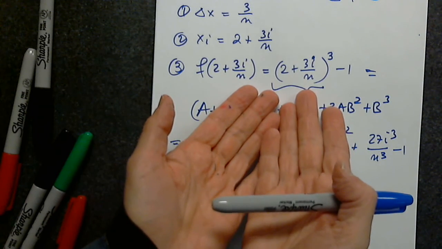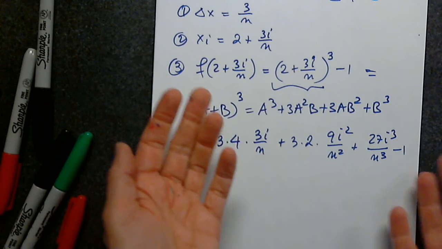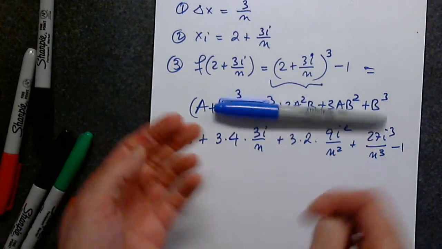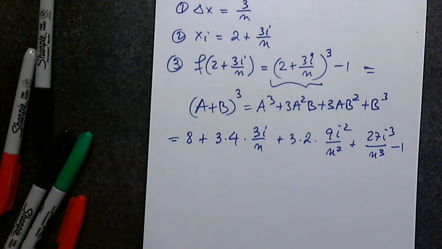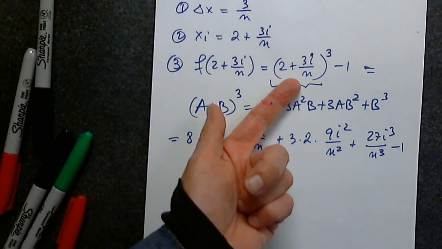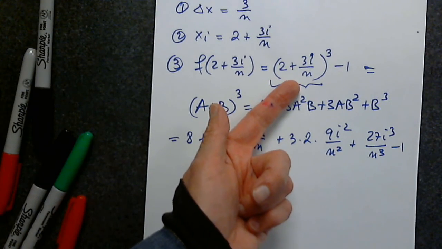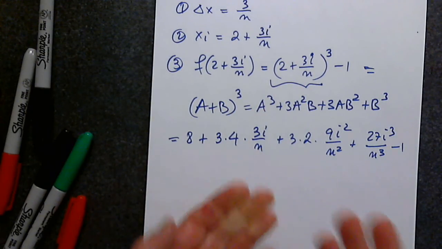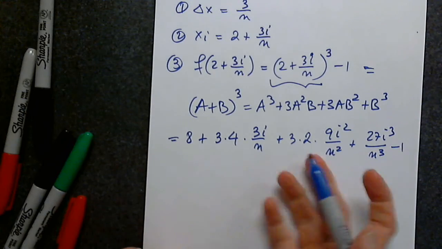And everyone at this stage, in this class, everyone can cube that. Nobody needs to remember this, right? How will you do this? You will square first, and then multiply the squared, the 3 terms, again by 2 plus 3i over n. You don't have to do this. So then you will simplify it.